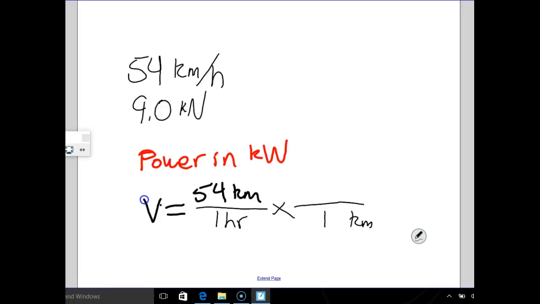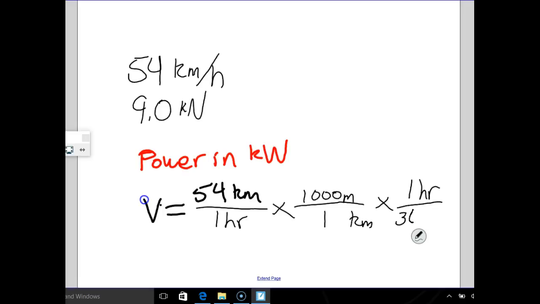And 1 kilometer equals 1,000 meters. And then we also want to get rid of hours and change that to seconds, which means hours is going to have to be on the top so that the units cancel out.